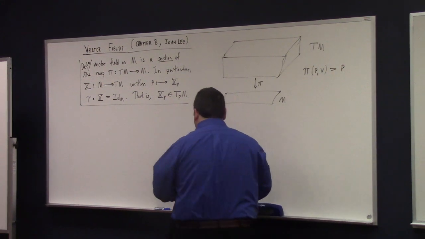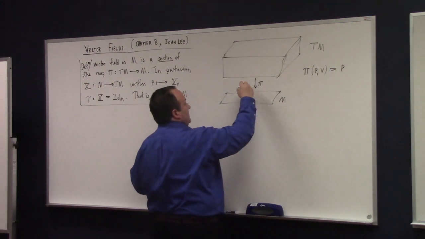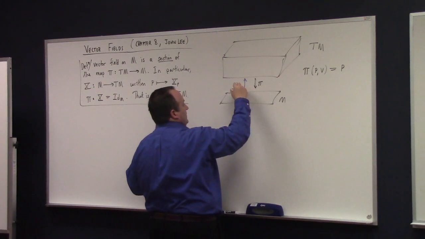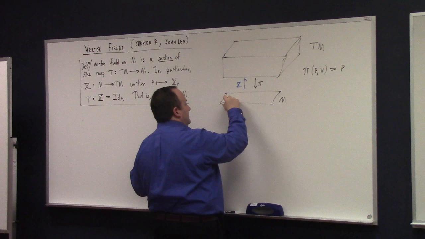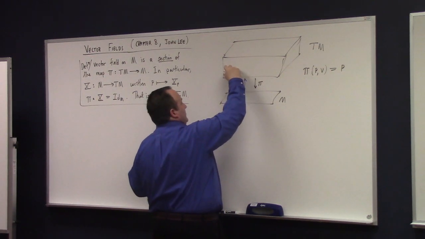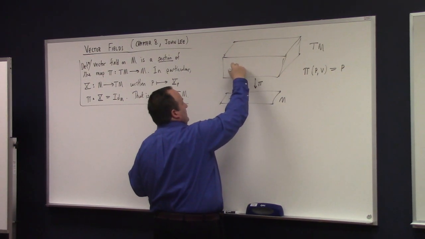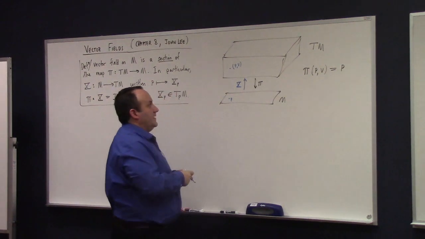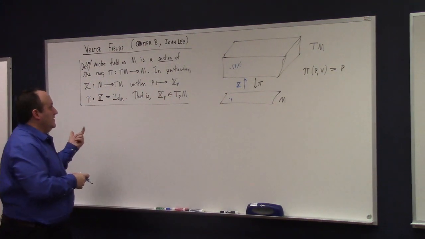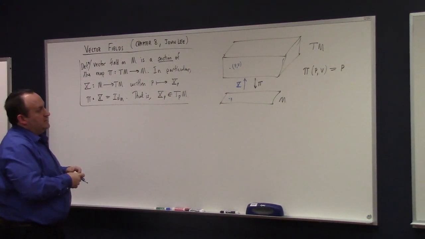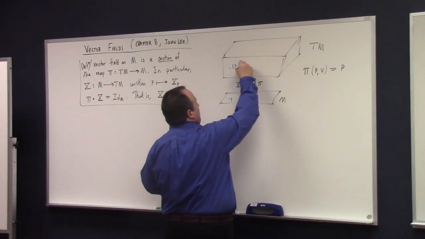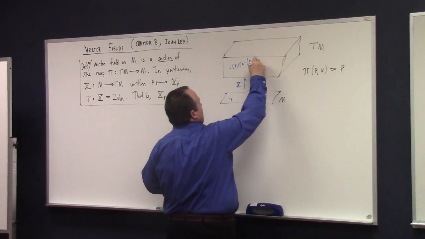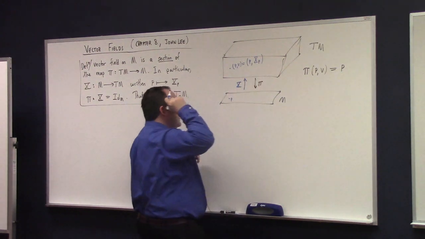And essentially, a vector field is a mapping that goes the other way. To each point p, it attaches up here a p comma v, where v is, well, the notation that I'm specifically using is p comma X_p.